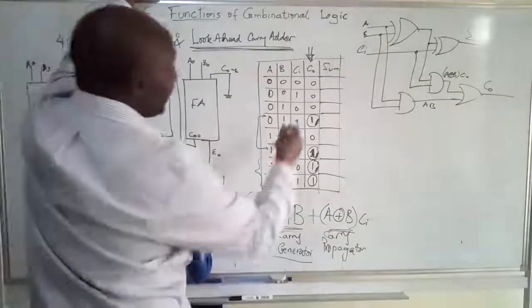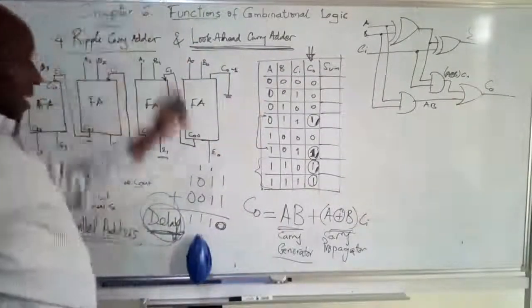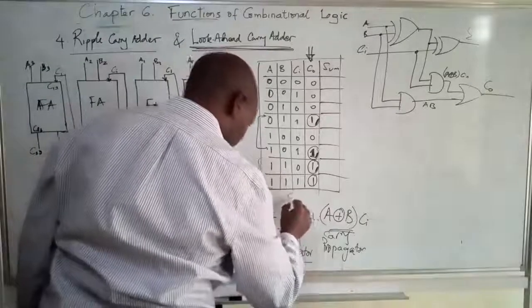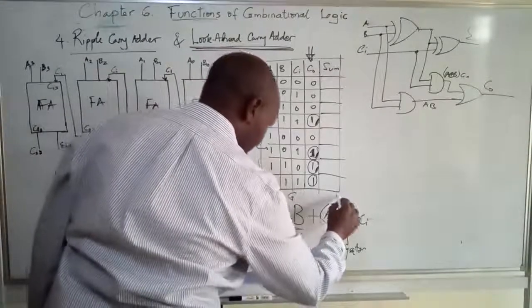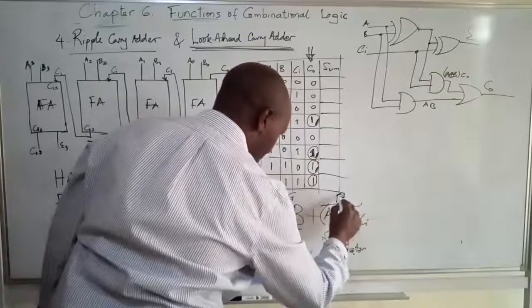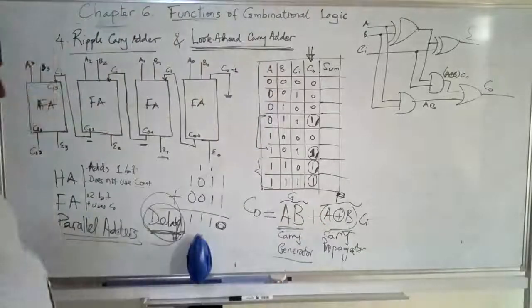So when C in propagates a 1, we have a carry. So that's why we can say this is G and this is P. So this is P, propagator, and this is generator. Okay?